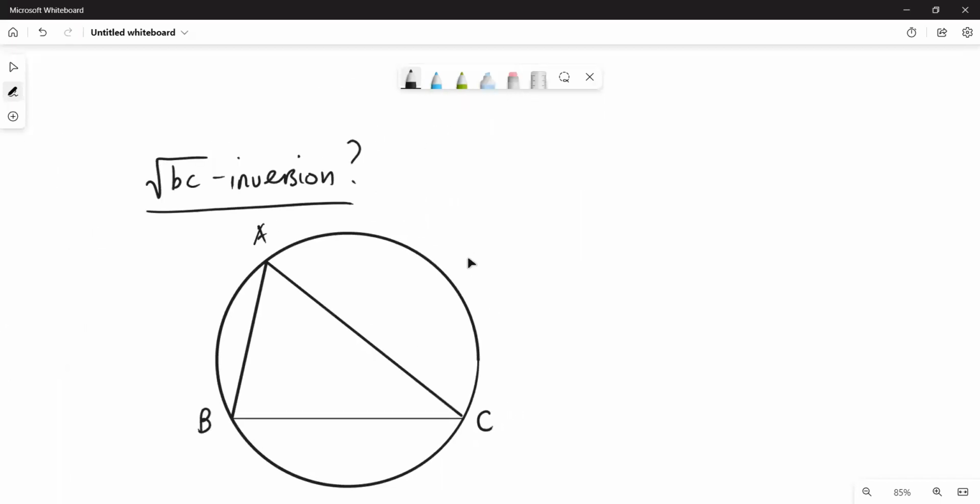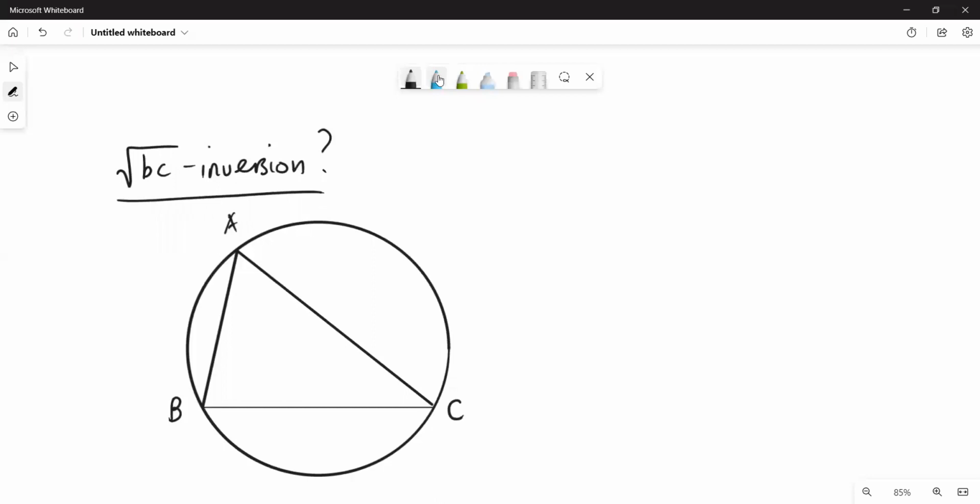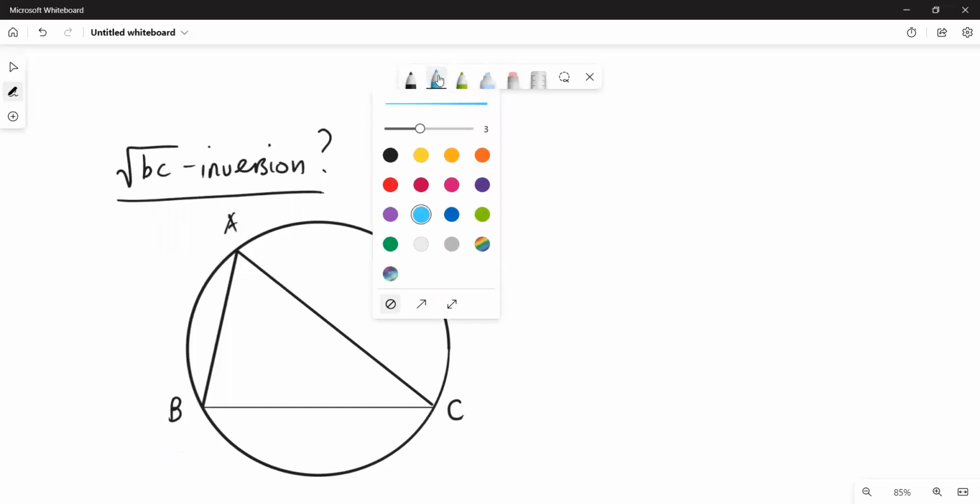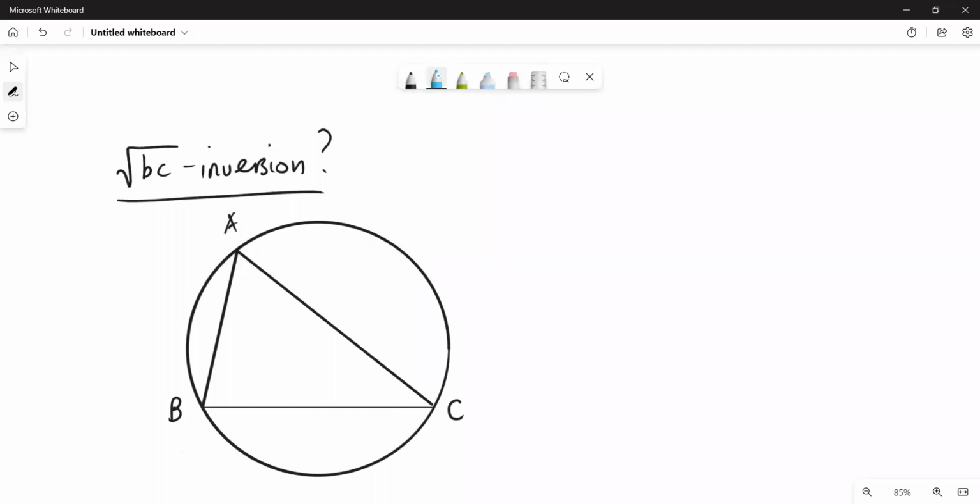Okay, so here's what happens. Let me see if I can draw a dashed line. Probably not possible. So here's what square root BC inversion does. What we do is to apply these two transformations in order.